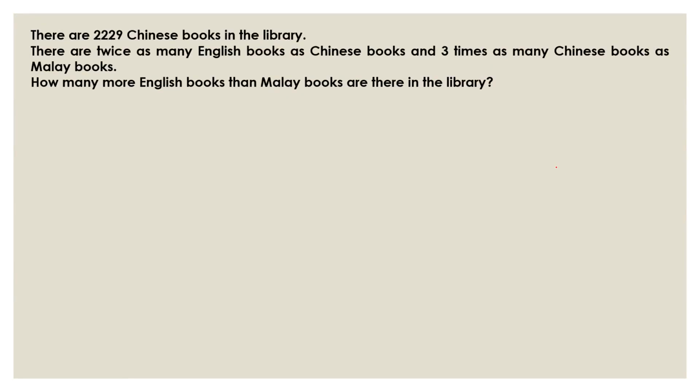There are 2,229 Chinese books in the library. There are twice as many English books as Chinese books and 3 times as many Chinese books as Malay books. How many more English books than Malay books are there in the library? So over here, there are 3 types of books: English, Chinese, and Malay books.